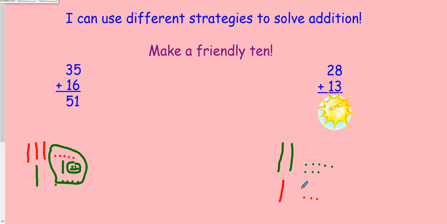It does. So let's carefully bundle up 2 ones from our 13. Bundle them up with our 8 ones. We have a friendly 10. 8, 9, 10.